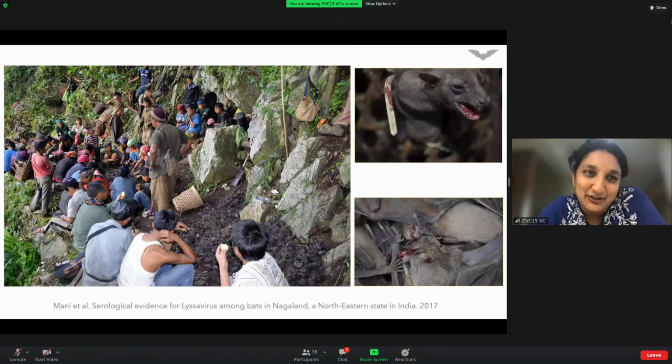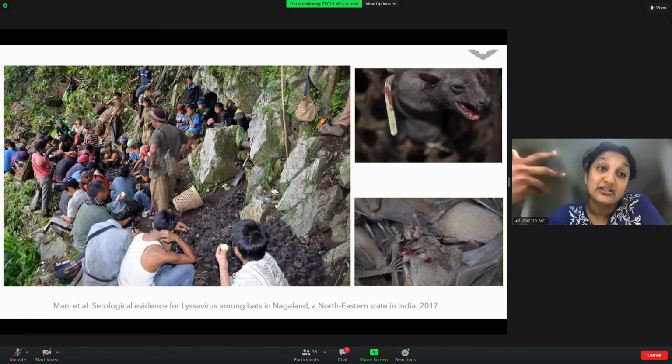So this is a picture from the village Mimi, where we've been working for the last 8 or so years. You see in the background the Bomar, who are a community of Nagas, and they have an annual bat harvest where they smoke a cave, and as the bats are asphyxiated, they come out of the cave, and the bats are killed.